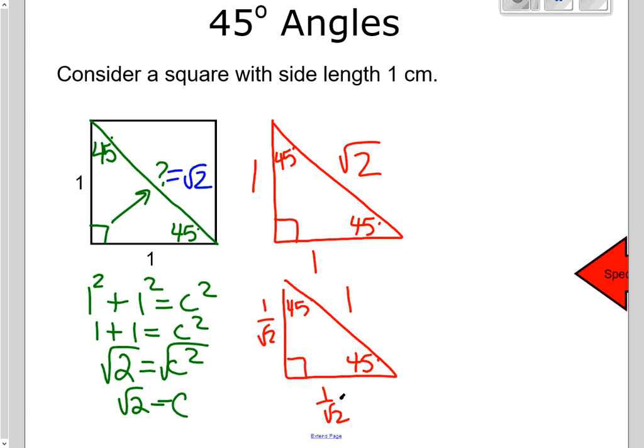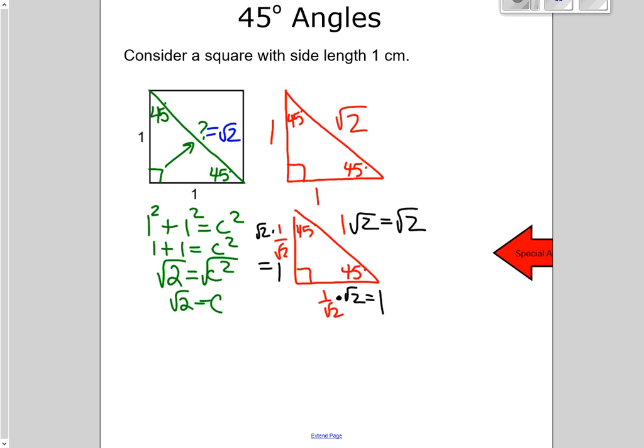If I multiply all sides by root 2, then what I get is root 2 times 1 over root 2, which just equals 1. And 1 over root 2 times root 2, which just equals 1. And 1 times root 2, which is just root 2. So they're actually exactly the same. So either one of those triangles will work because they give you the exact same answer.